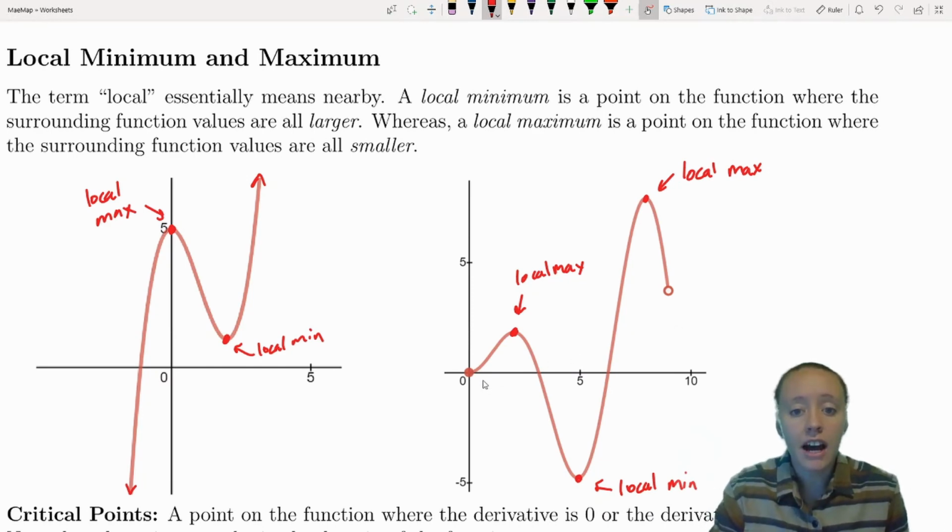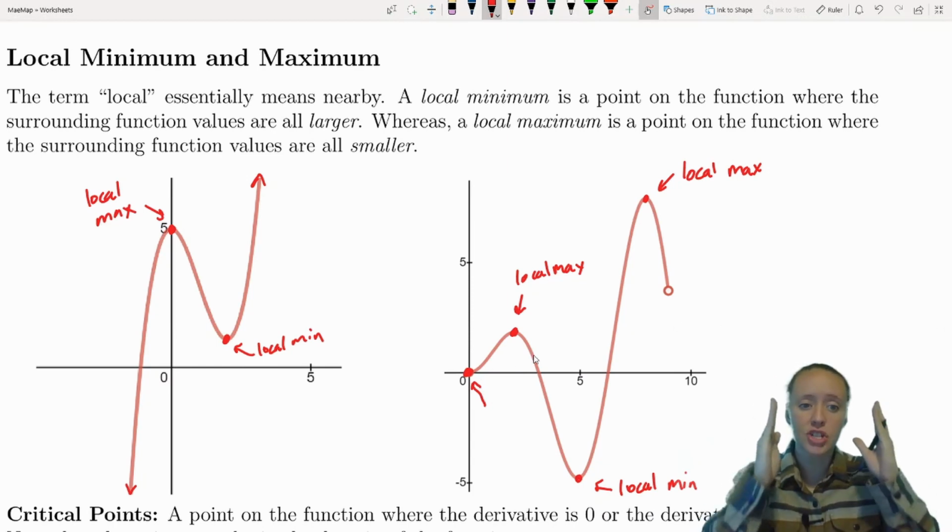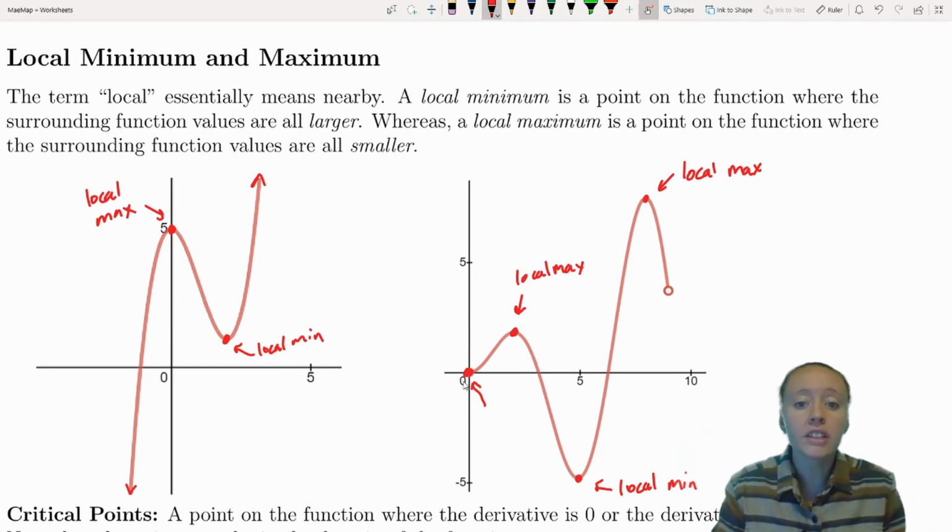However, now let's go to our endpoints, because one would believe, oh, well right here, this function value at that point is smaller than any other value around it. But because we're cutting our function off and restricting it to an interval, we don't know what the function looks like on this left-hand side. Our function could go up, and then yeah, sure, that would be a local min.